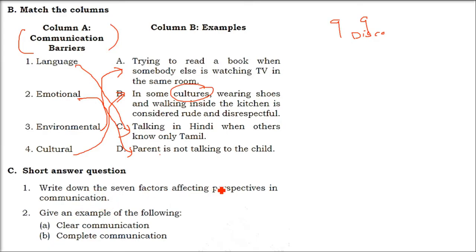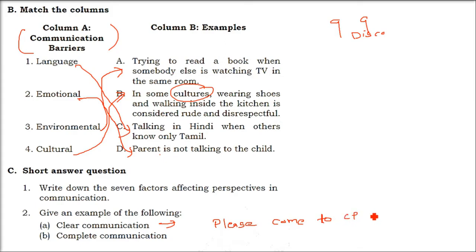Now coming to the short answer question. Write down the 7 factors affecting perspectives in communication. We know the 7 factors, we have discussed them. I'll just take you there one more time. Give a good example for the following. I'll give you one example and you have to make another example for the same thing. Clear communication means you don't say, please come to Connaught Place.